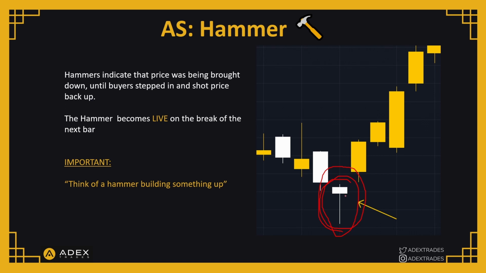And then the following day, you see that price breaks to the upside on the day. As soon as price breaks to the upside, this hammer is in force, or we say that the hammer is live, because that gives you the confirmation that buyers indeed brought price all the way up, and they kept bringing price up.